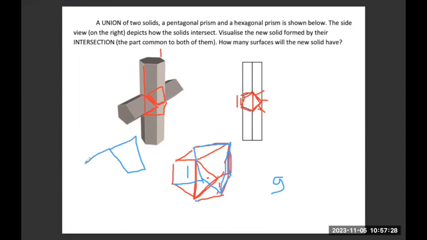Similarly, on the other side also a similar kind of trapezium will be formed here. On the bottom side also a similar trapezium will be formed. At the back side, just like the triangle forming in front, a similar triangle will form on the back side also.